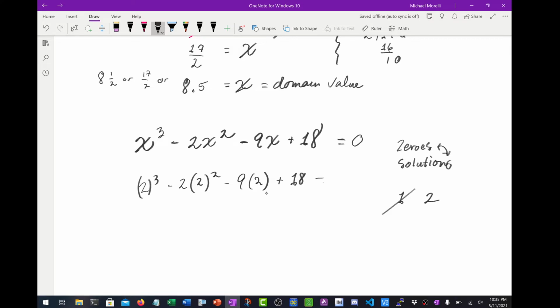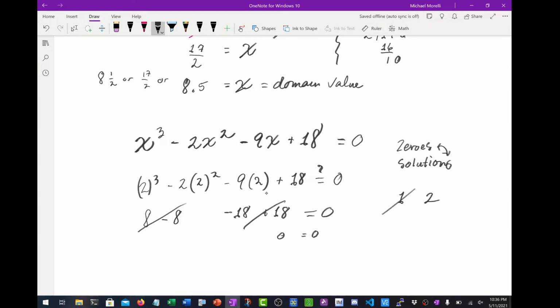And I want to know, does this equal 0? Well, 2 times 2 times 2 is 8. And then 2 times 2 squared, that's 4, times 2 is 8. So 8 minus 8, well, that already cancels out. Negative 9 times 2 is negative 18. Plus 18 does equal 0 because this also cancels out. So you have 0 equals 0.